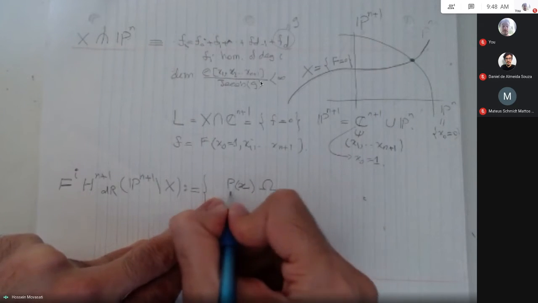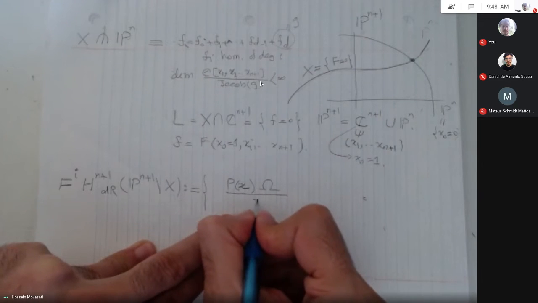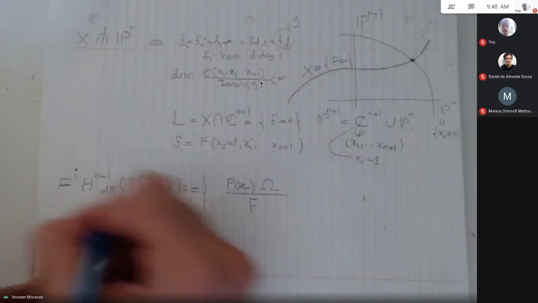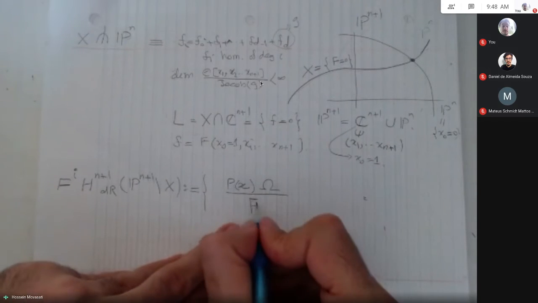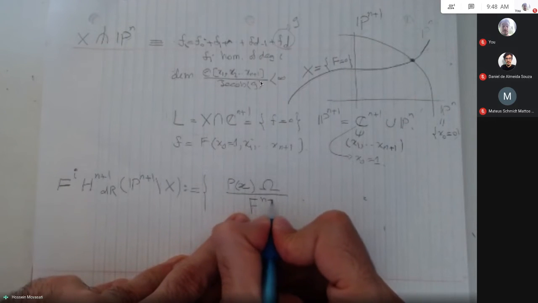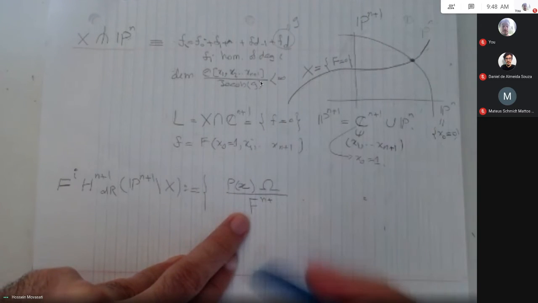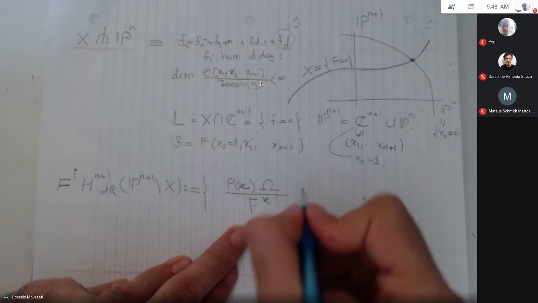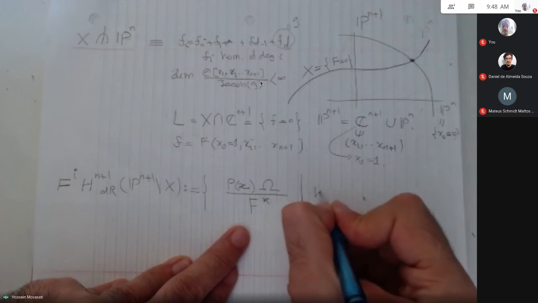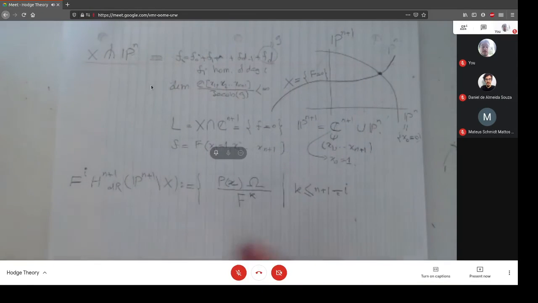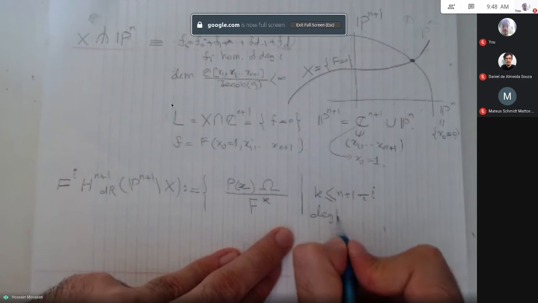P x omega that I will put there, and then again between this f and this f, don't make any confusion. This is a polynomial. This is Hodge filtration. F^i. Let's call k, and then k is less than n plus 1 minus i, and then the degree of the denominator.